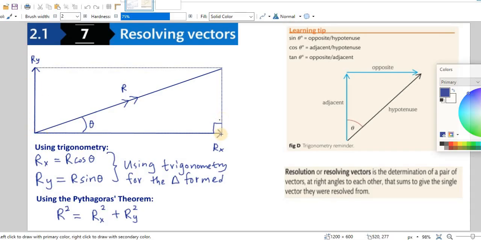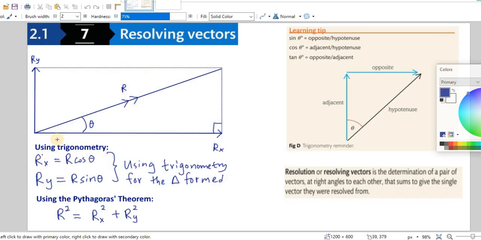So let's say this side and this side are equal. Then we have ry divided by r, ry divided by r is equal to sine theta. So you know sine theta is opposite over hypotenuse. So we have this using trigonometry for the angle formed. That's how we get these two equations.